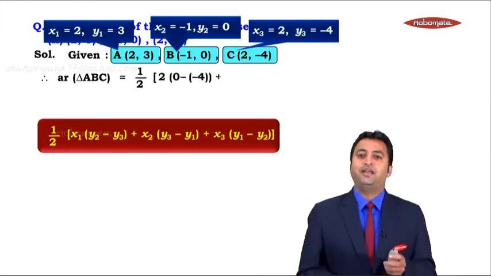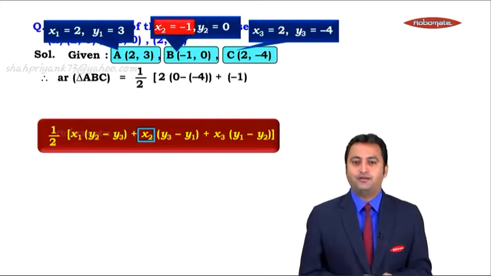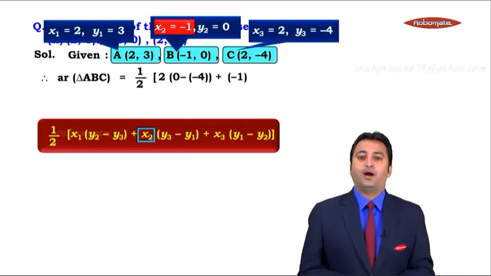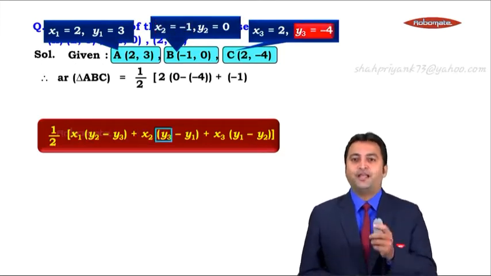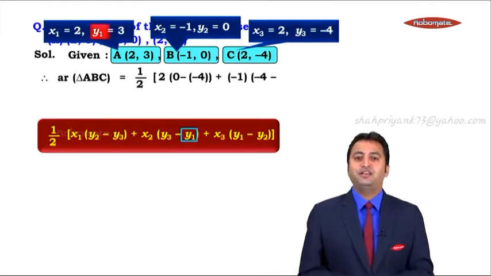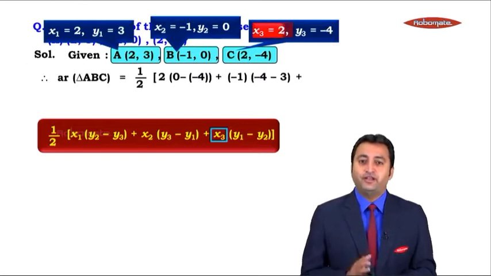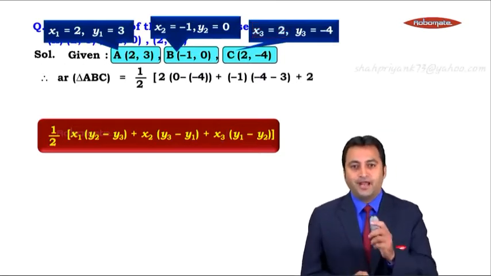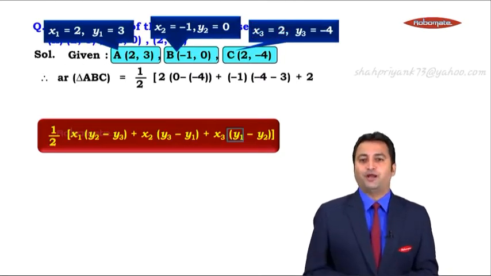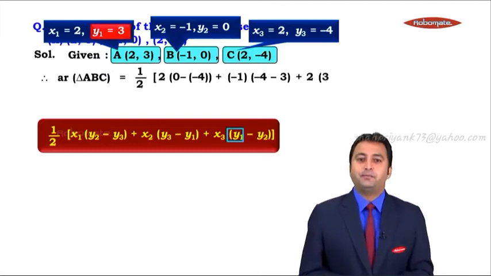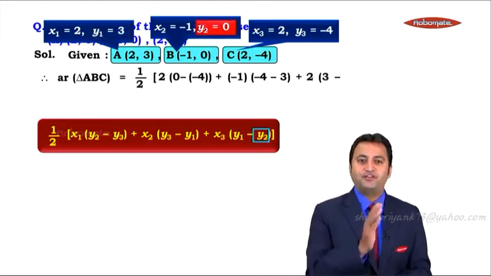Second term similarly, x2 is minus 1. Bracket (y3 minus y1), it is minus 4 minus 3. Third term x3, how much is x3? It is 2 and bracket is (y1 minus y2), which is 3 minus 0. We have done the substitution.